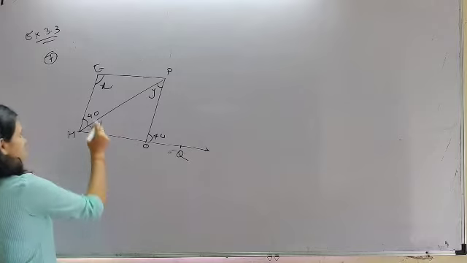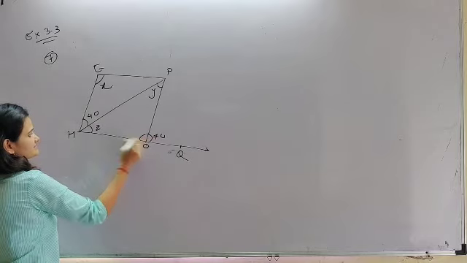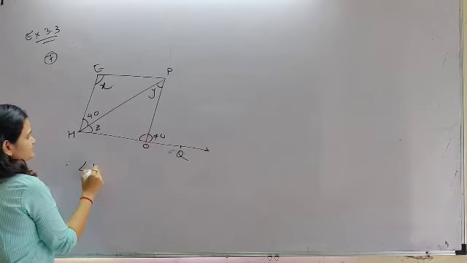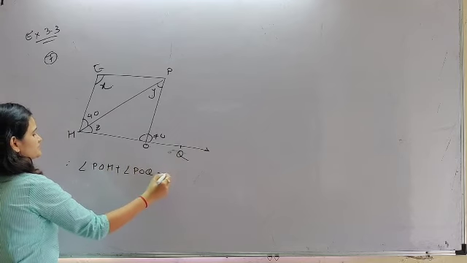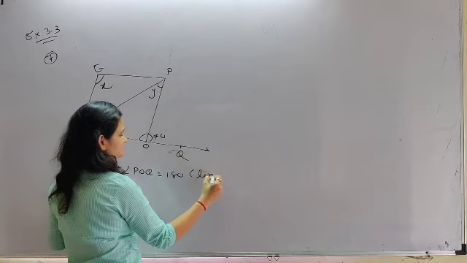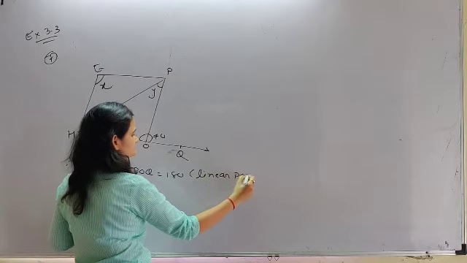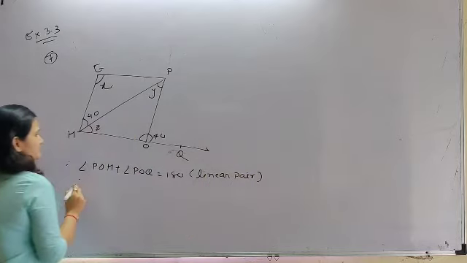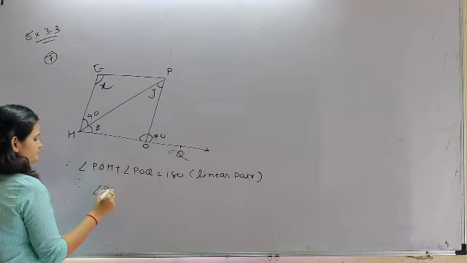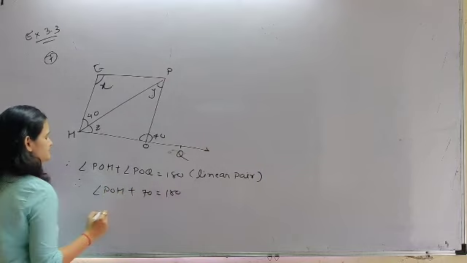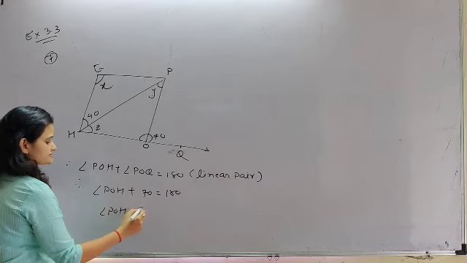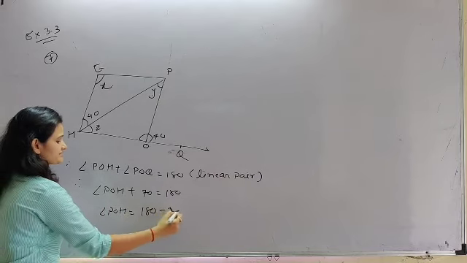Now first step, I have to find this angle. So angle POH plus angle POQ is equal to 180. They are linear pair of angles. Therefore POH, which I have to find, plus 70 is equal to 180. So angle POH is equal to 180 minus 70.